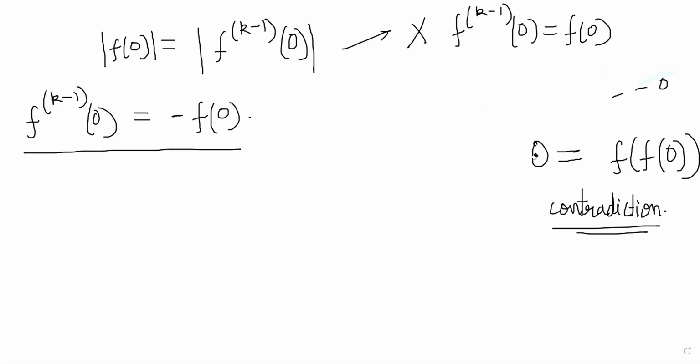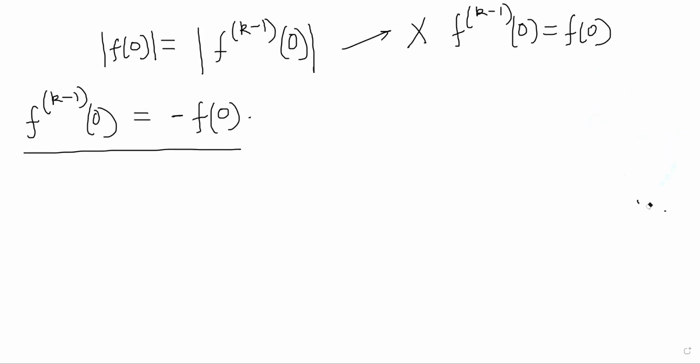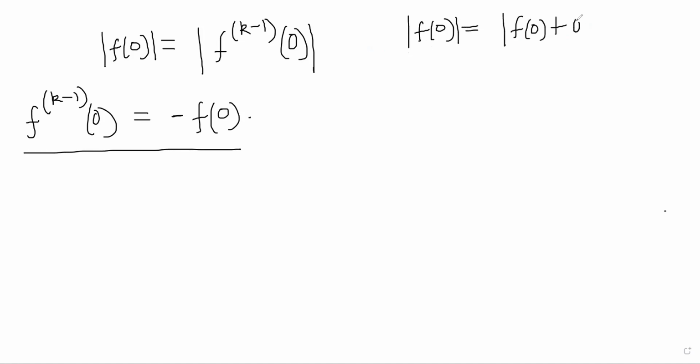Now let's think of this inequality and we will try to figure out what happens now. We are working under this case now. Now let's look at mod of f of 0 again. Mod of f of 0 is equal to mod of f of 0 plus 0, right?